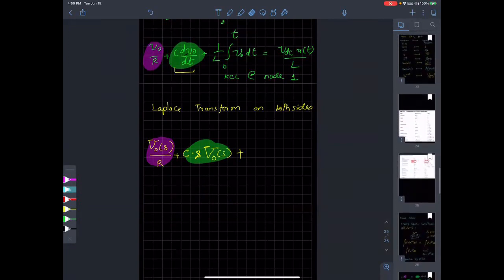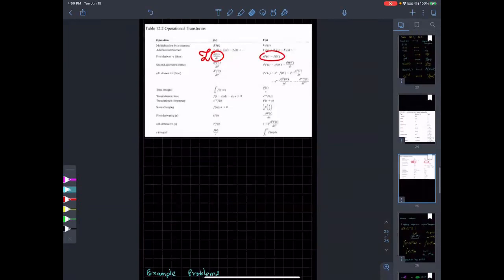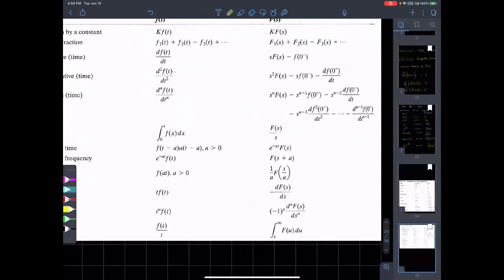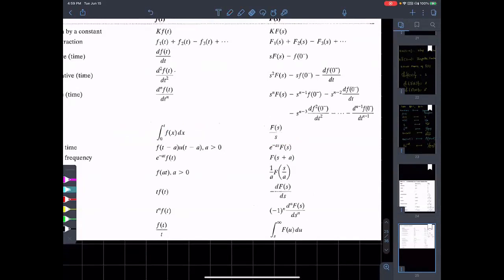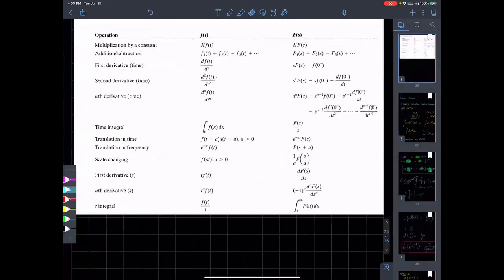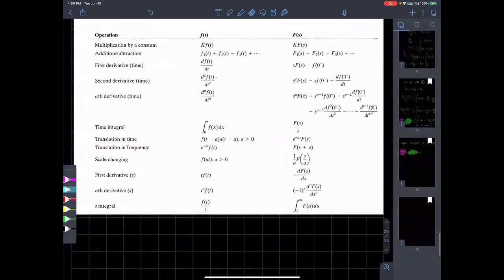If I go back to the table, the table tells me that if you integrate a function and take the Laplace transform, all it has to be is F of S over S. Okay, straightforward.